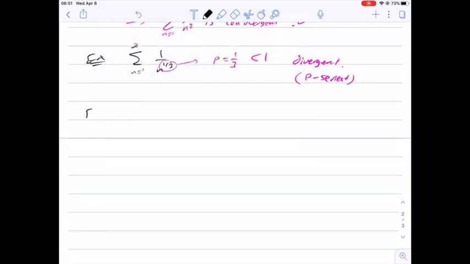Okay, now let's take another example. Our last example in this video is the sum n from 1 to infinity of ln, natural log of n, over n. We want to determine if this is convergent or divergent. Now first we write the function f of x equals natural log x over x.